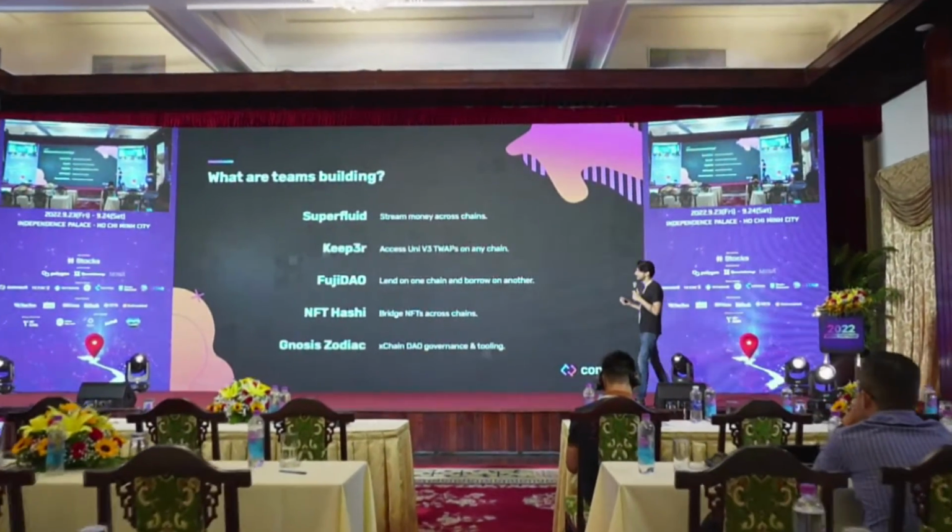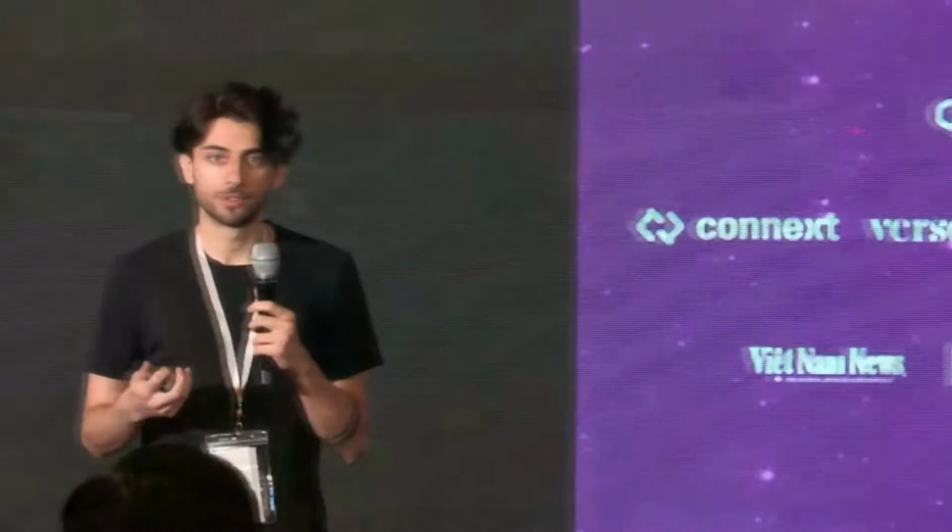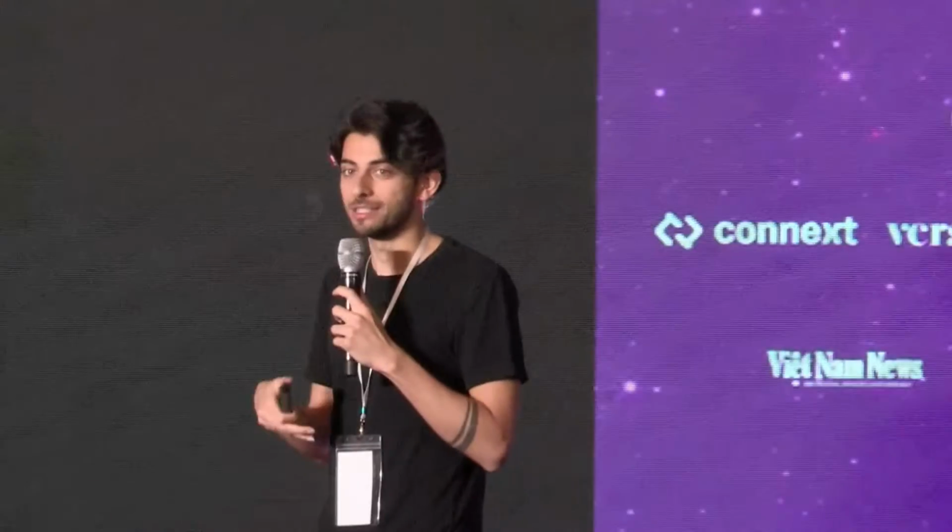Superfluid is basically a money streaming protocol. Say you want to pay somebody: instead of paying them upfront or on a monthly recurring basis, you can put money into Superfluid and it just pays out money on a per block basis. So it's called real-time finance.